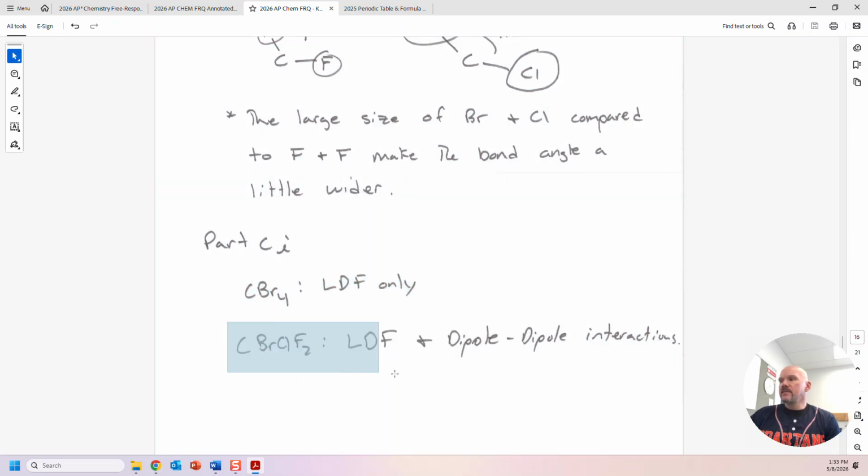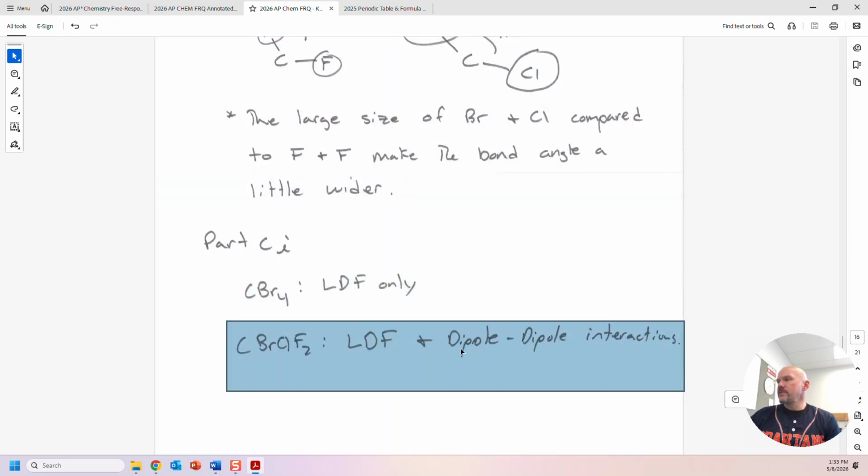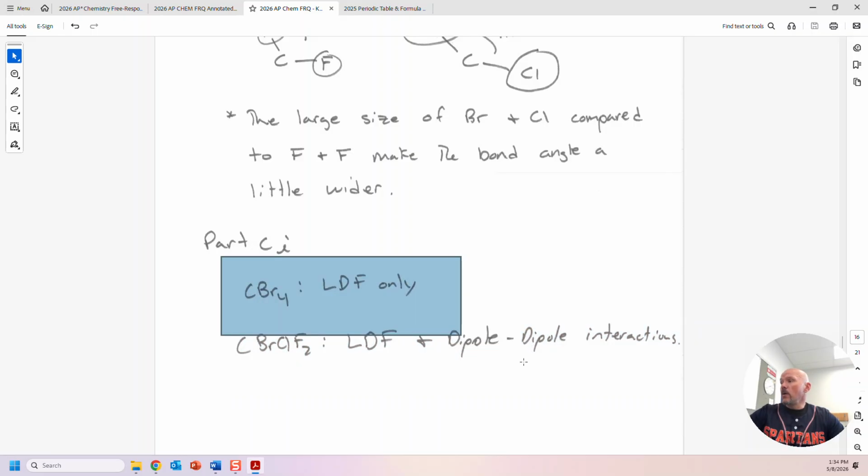And because this is polar, it has London dispersion forces and dipole-dipole interactions, okay? If it was something that had an F, O, or N bond and could have hydrogen bonding, then you would list London dispersion, dipole-dipole, and hydrogen bonding, okay? But for this one, it's London dispersion and dipole-dipole interactions, and for this one, it's London dispersion. So what must be true?